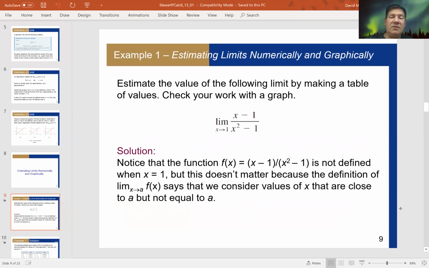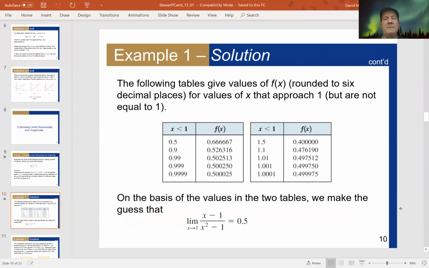But if we're looking for the limit as x approaches 1, we're going to put in values that are less than 1, but get closer and closer from the one side. We're going to put in values that are greater than 1, but again get closer and closer to 1, from both sides, okay?